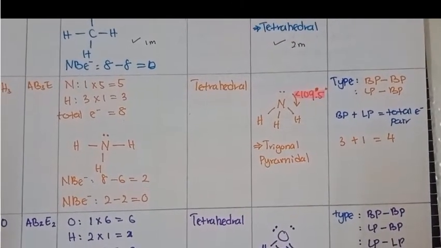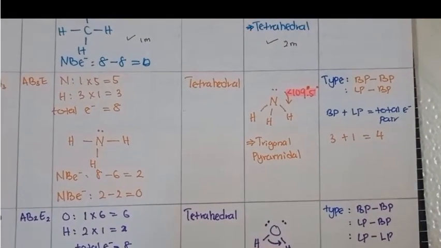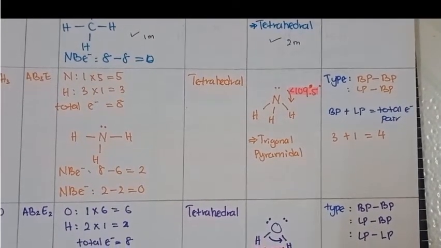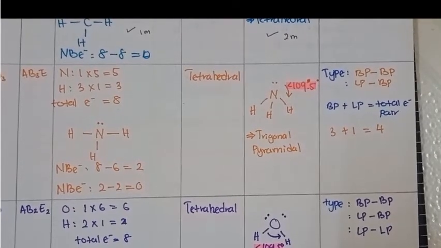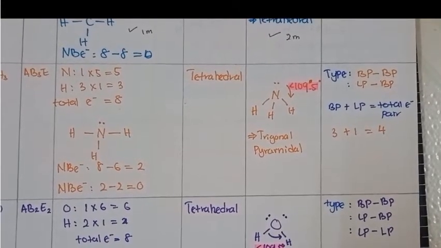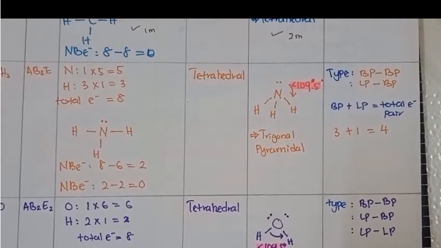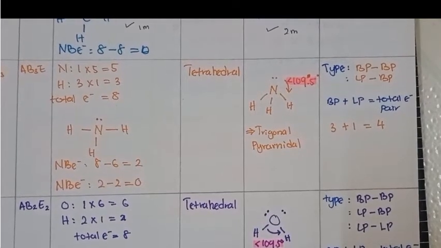And the Lewis structure is drawn like this, and we calculate the non-bonding electron first. First we get 3 bonding pairs, so 3 bonding pairs is equal to 6. So 8 minus 6 equals 2. We have a balance of 2, so we need to add 1 lone pair. So we get the non-bonding electron equal to 0.